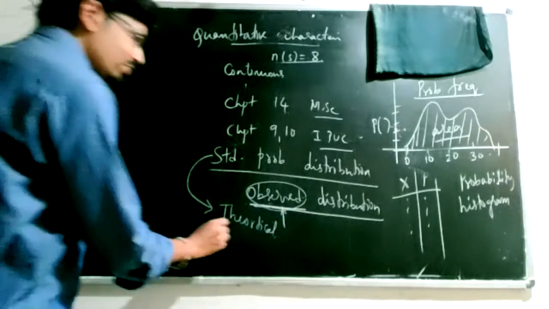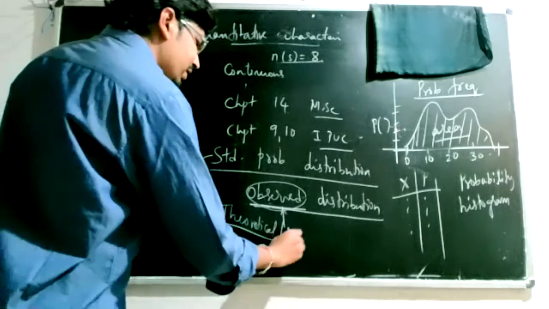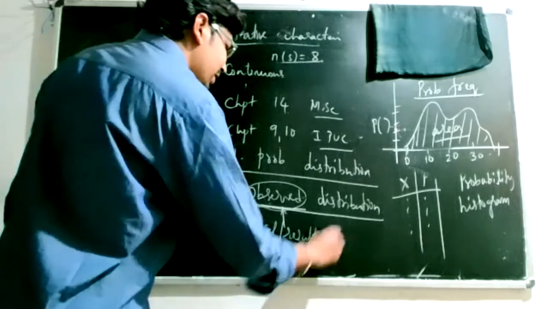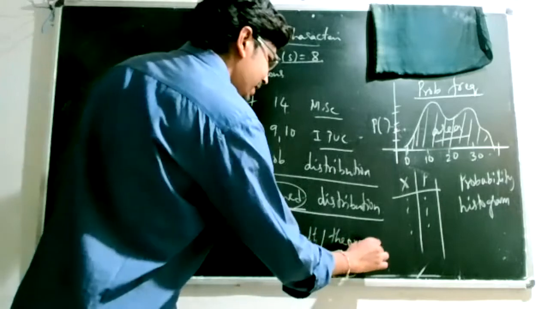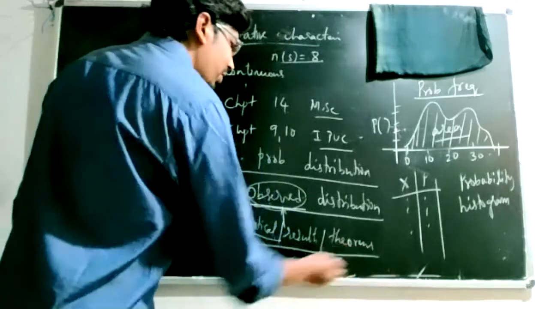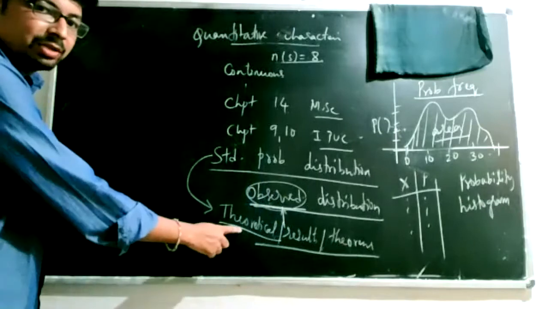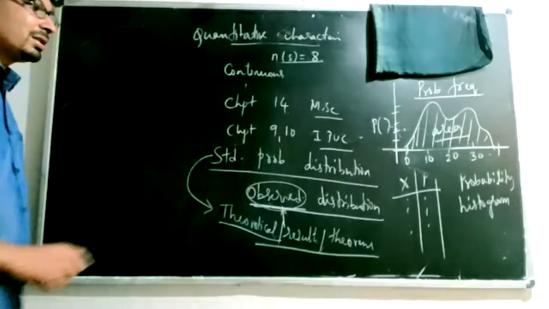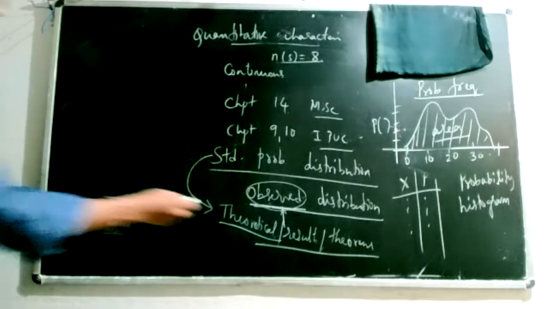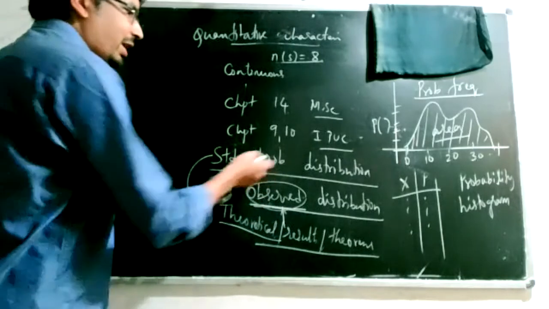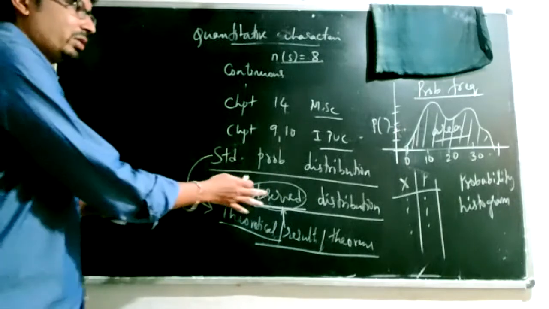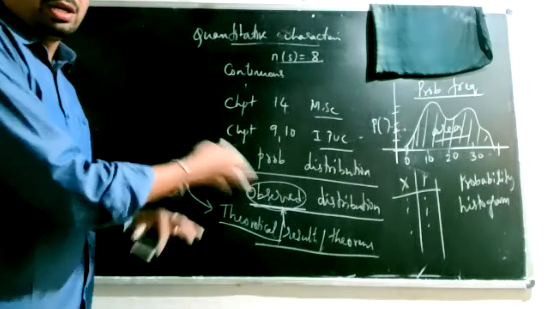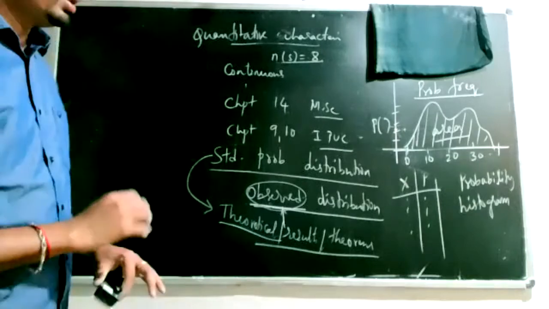You are using theories, results, theorems, and certain mathematical laws, and based on that you come up with the probability. Such distributions are called theoretical distributions or standard distributions. Any such distribution, as observed, could be a discrete distribution or a continuous distribution.